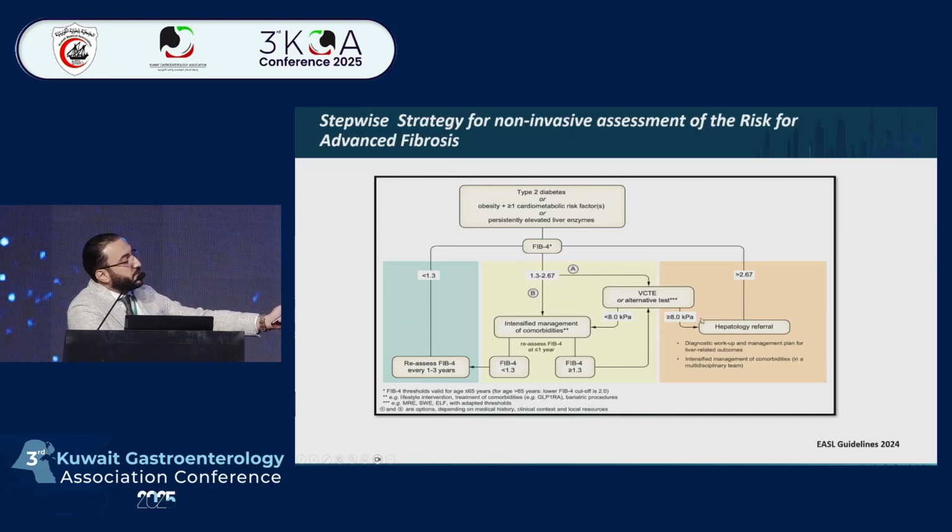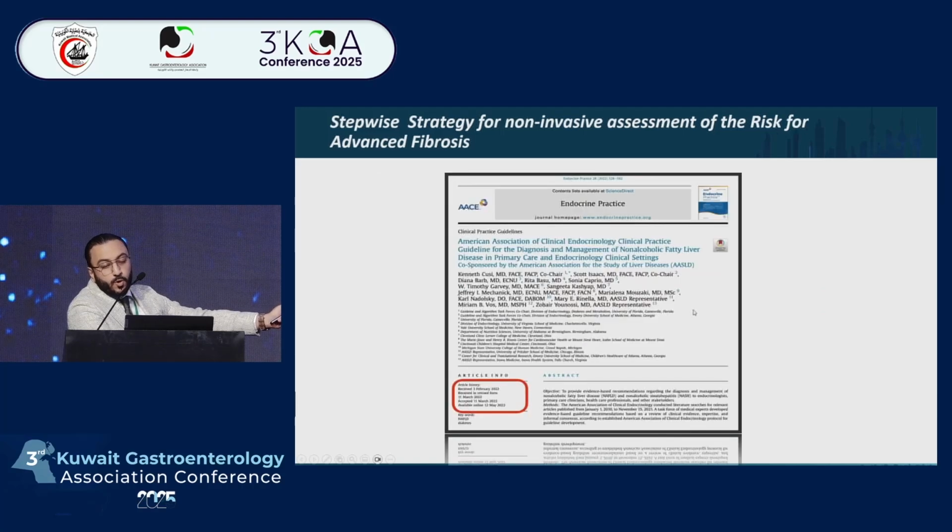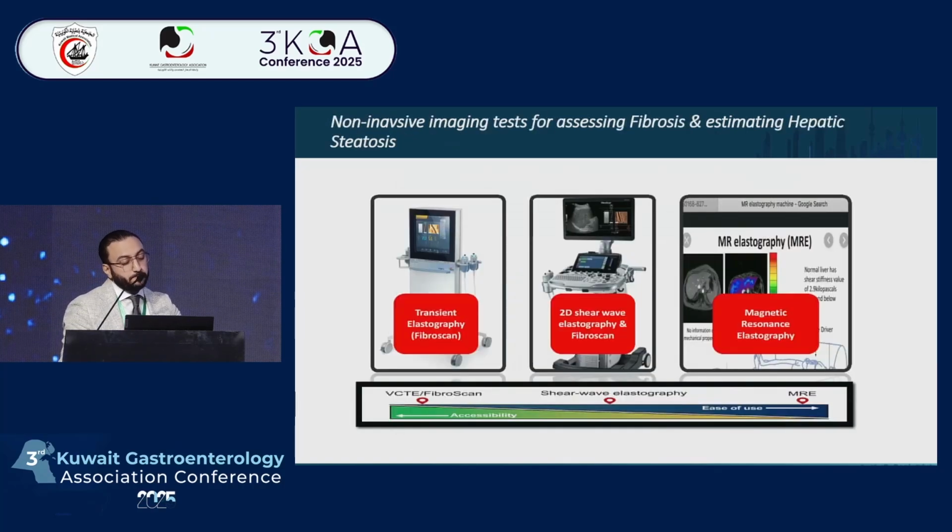If the FibroScan is equal to or more than 8, we'll do further imaging and assessment to predict his fibrosis stage. As I said, this is the ACE guideline, and in association with the AASLD guideline, they recommend the same algorithm.